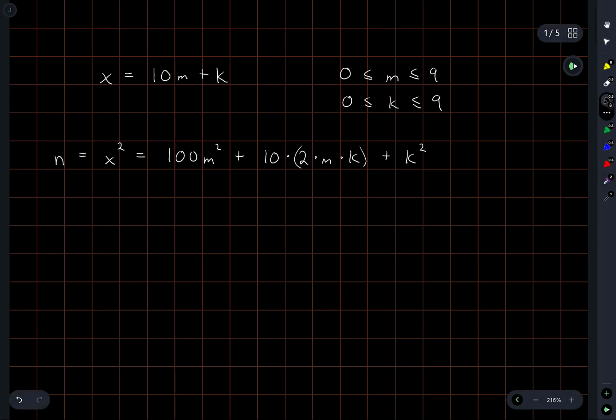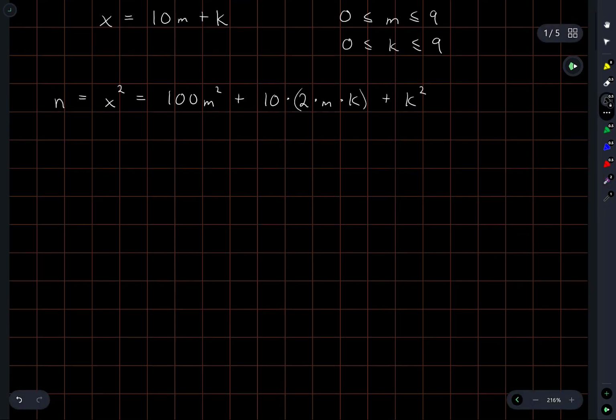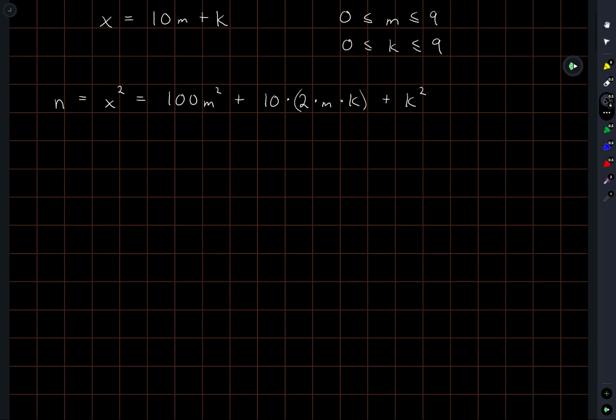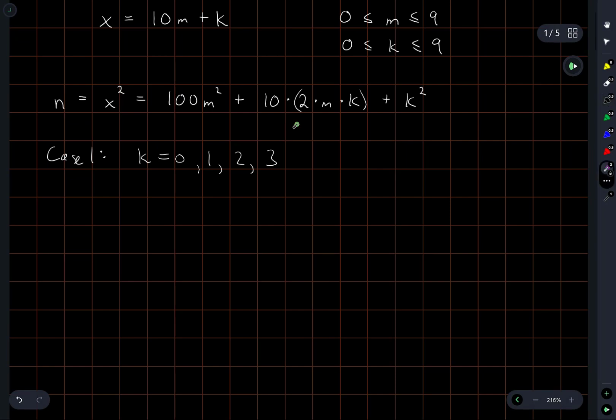And the way we're going to do this is by breaking it up into all the possible values of k as individual cases. The easiest one to consider are the values of k where k squared is less than 10. Those are 0, 1, 2, and 3. In that case, and to be clear about what's going on here, this also itself may not be the second last digit of x squared, because this number itself could also be greater than 10.